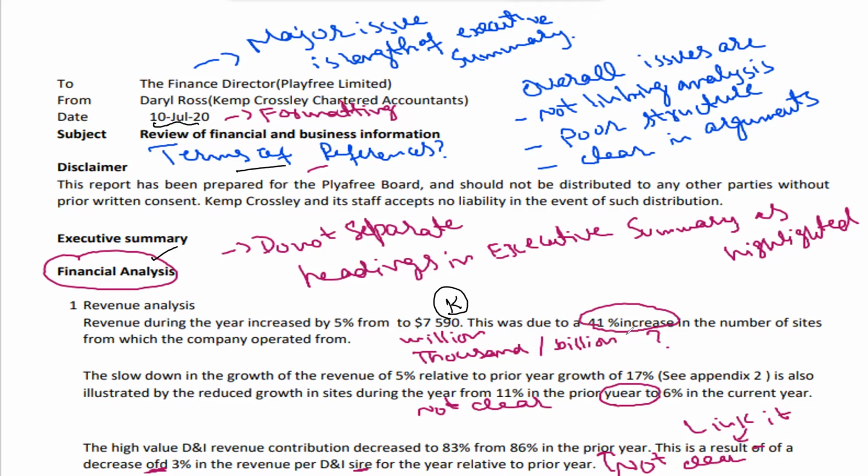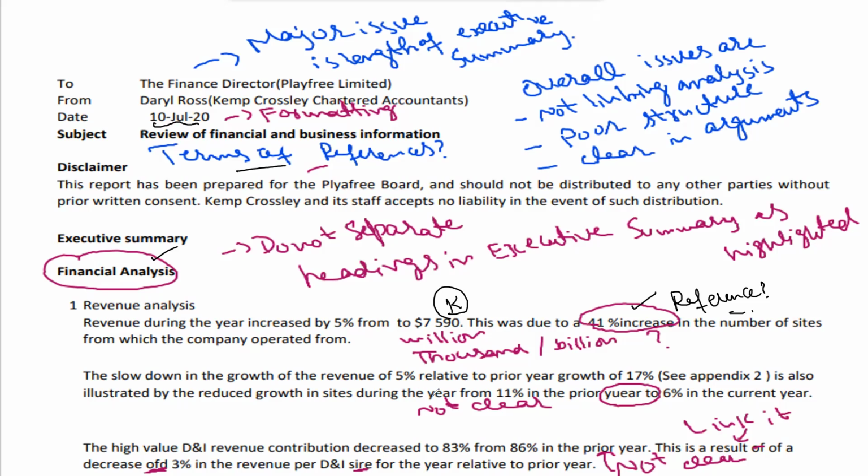No one knows. This was due to a 41% increase in the number of sites from which the company operated. What do you mean by a 41% increase? A 41% increase compared to the previous year? Management accounts, budget accounts, your competitor, your industry. What is your reference? What is your benchmark? Again, spelling issues as well.